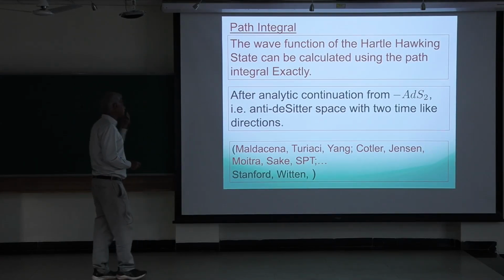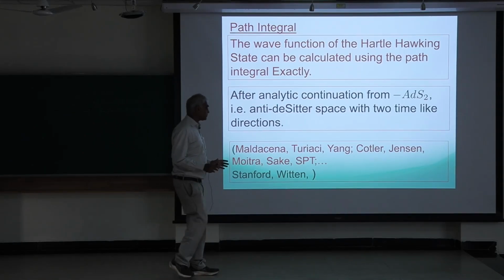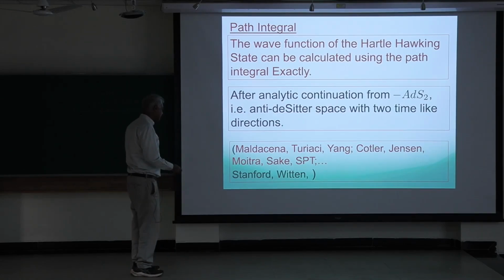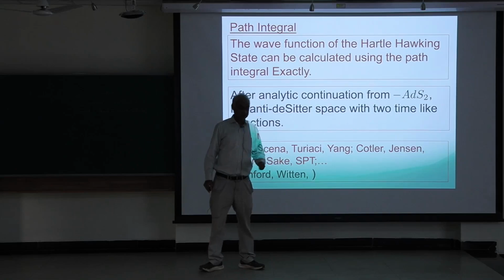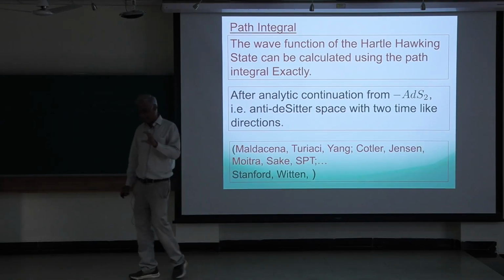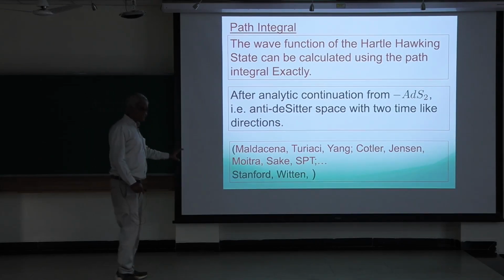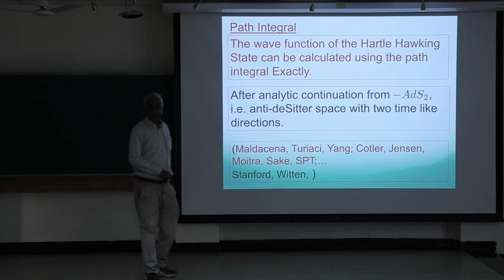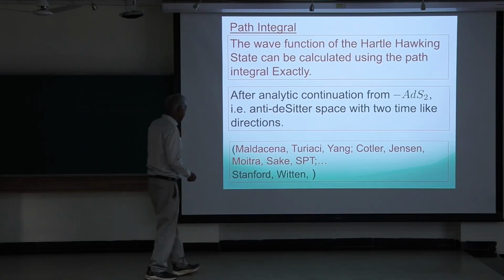The reason it can be done is because of a set of developments, first starting from JT gravity in anti-deSitter space, where, as some of you know, Stanford and Witten showed that the partition function for JT gravity in anti-deSitter space can be computed exactly. It's one loop exact, and there's a very good argument saying that that is exact. There are no further higher loop corrections in the path integral.